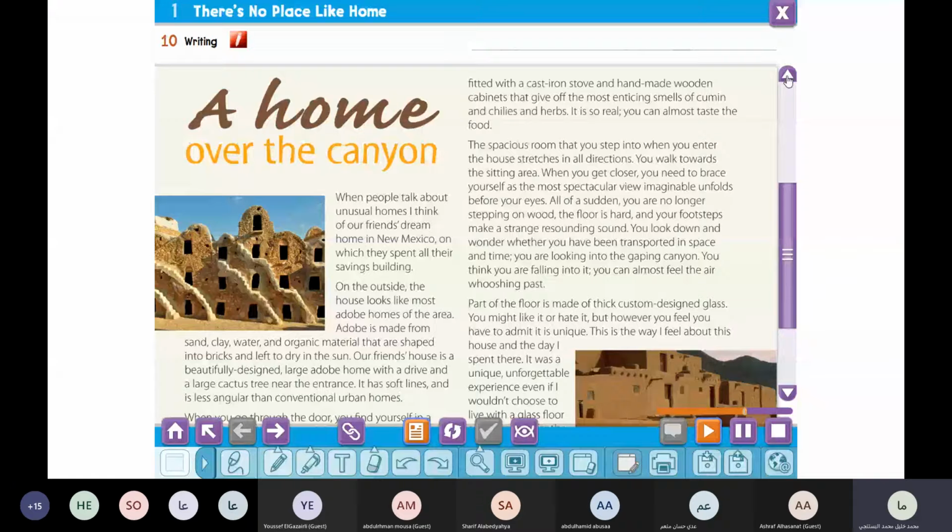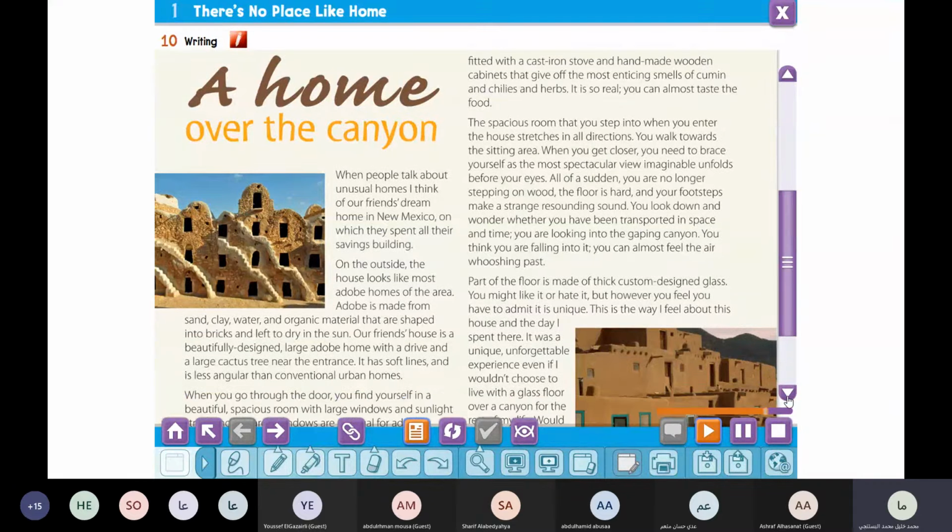All of a sudden, you are no longer stepping on wood. The floor is hard, and your footsteps make a strange resounding sound. You look down and wonder whether you have been transported in space and time. You are looking into the gaping canyon. You think you are falling into it. You can almost feel the air whooshing past.